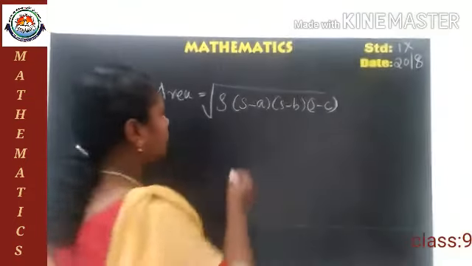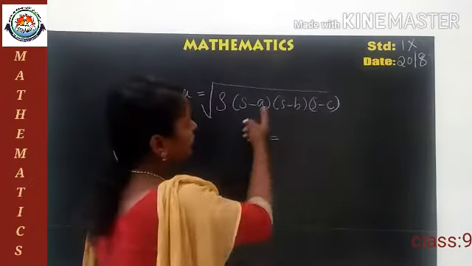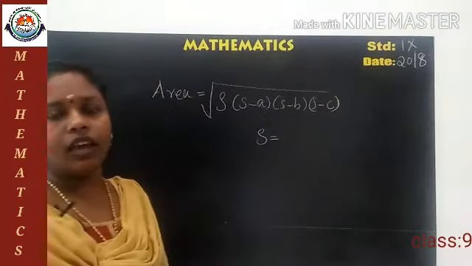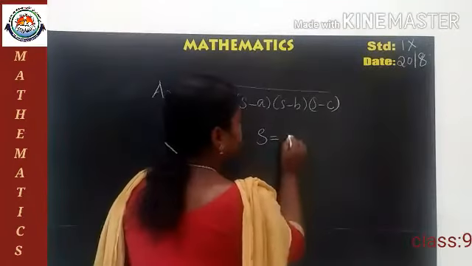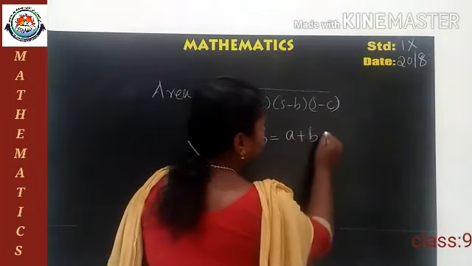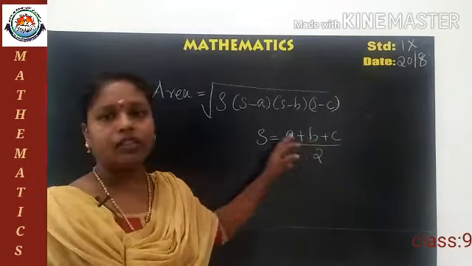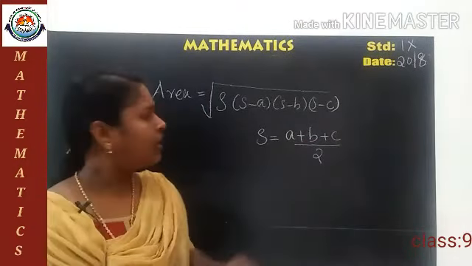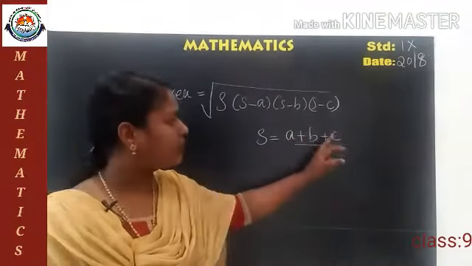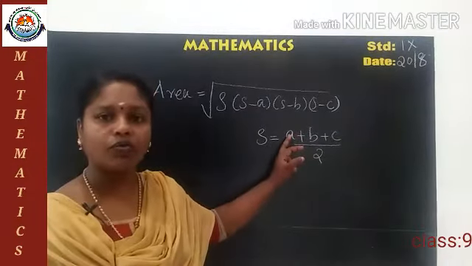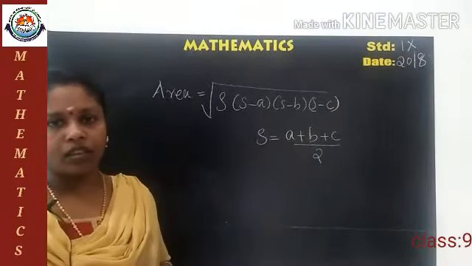Here s means half of the perimeter, and a, b, c are the three sides of the triangle. So s equals a plus b plus c by 2. a plus b plus c means the perimeter.